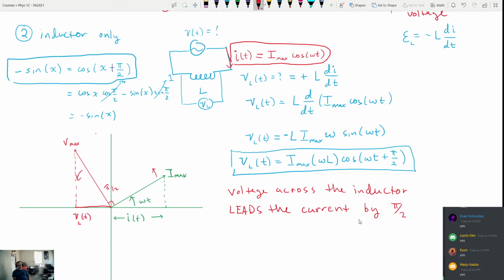The voltage across the inductor leads the current, the line current, by pi over 2. As we see this pi over 2 show up here. Okay. Does that make sense?